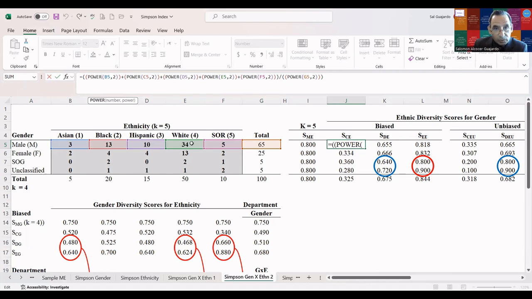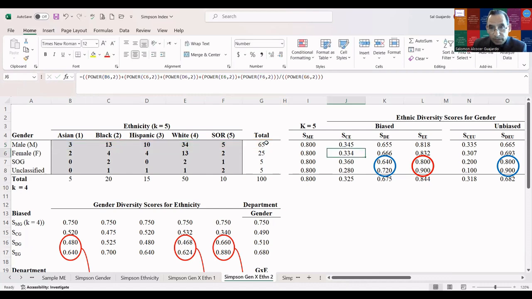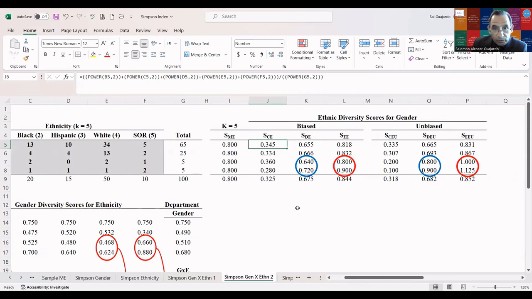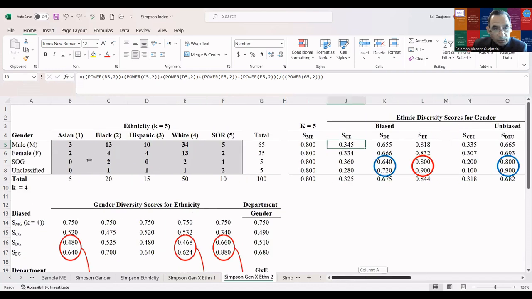I do that for the white males and for the some other race males. I'm going to add the cell products. I'm going to then divide that by the power of G5, comma 2, and parentheses, so it's going to be 65 times 65. That's going to give me a concentration score of 0.345, 35%. So there's a 35% chance that if I randomly select males, they would be of the same ethnic group.